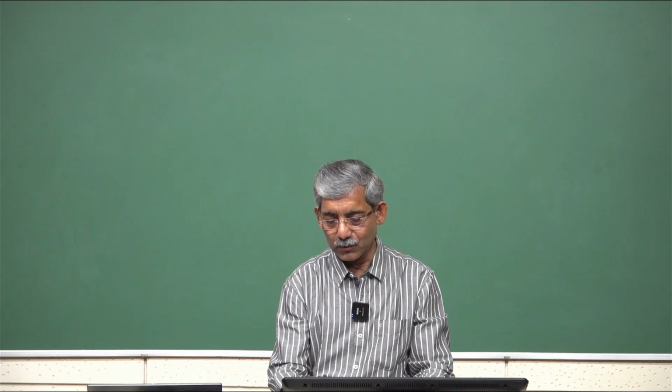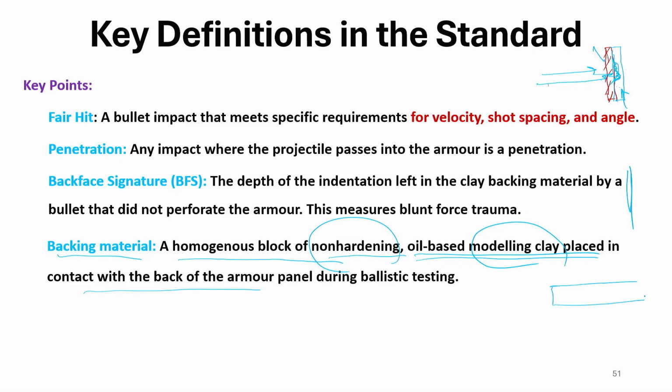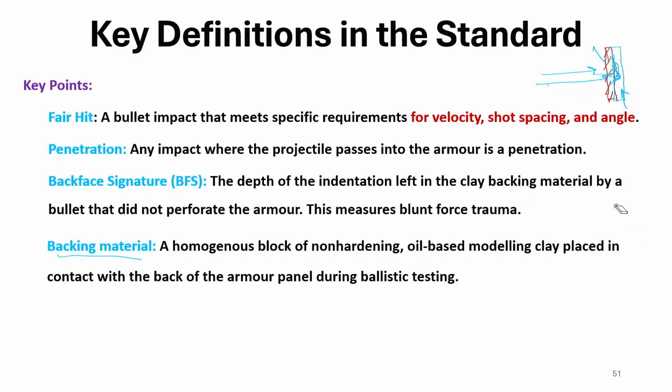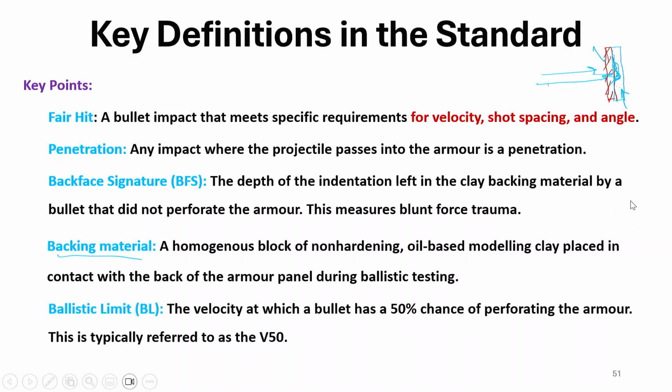When it is deformed, there is a signature of deformation, and due to elasticity it should not come back. So, it should be the least elastic material that we have to use.